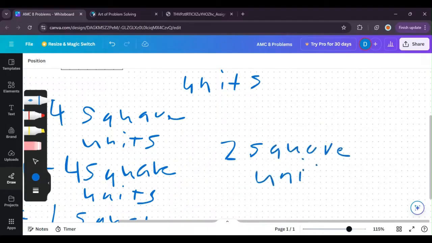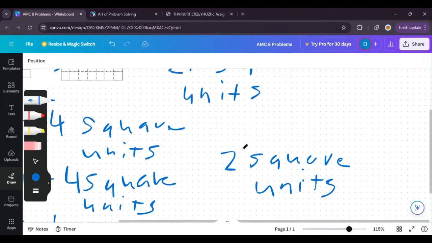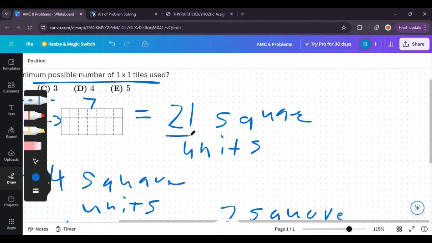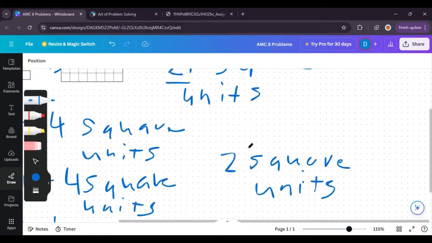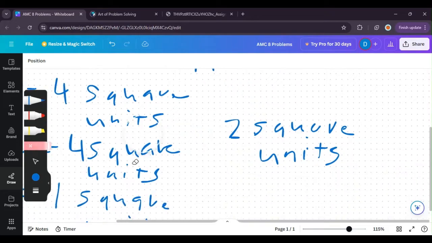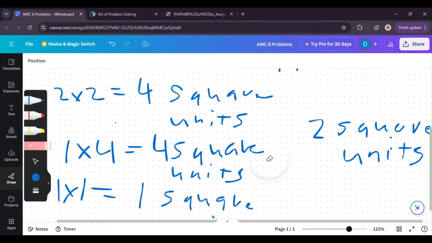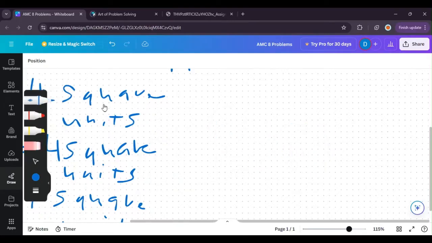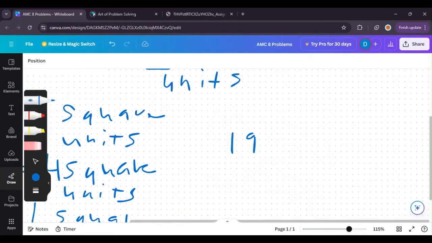And if 2 square units is already taken up of the 21 total square units, that means there are 19 square units left for the 1 by 4 and 2 by 2 to cover.